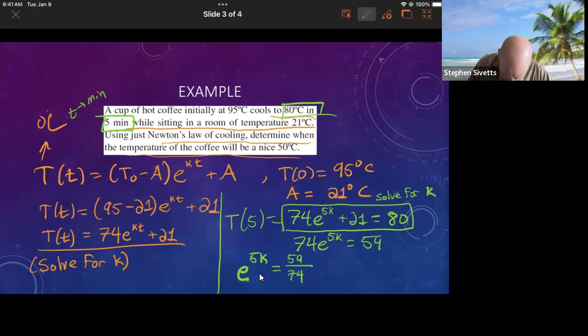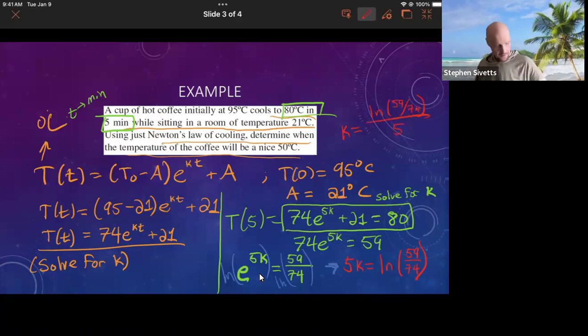Then if we take the natural logarithm of both sides, we have 5 times k equals the natural log of 59 over 74. So the decay rate will be ln of 59 over 74, over 5.